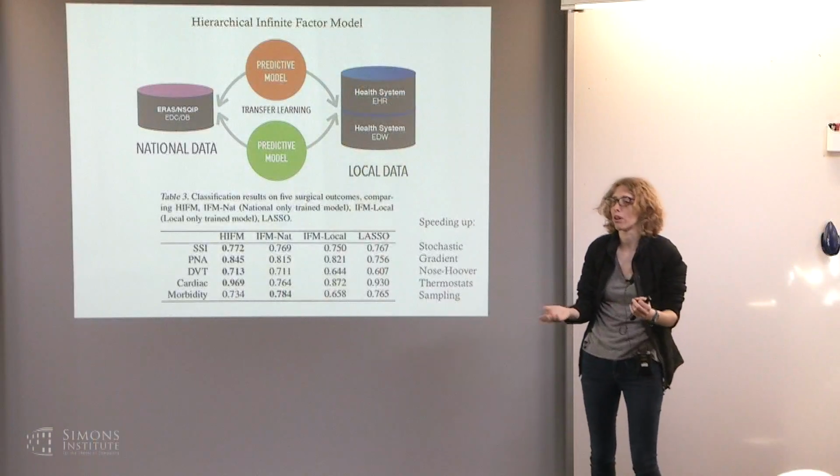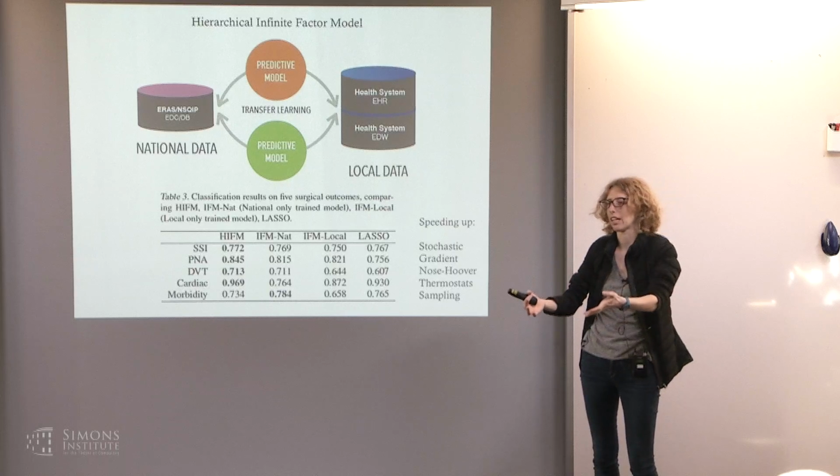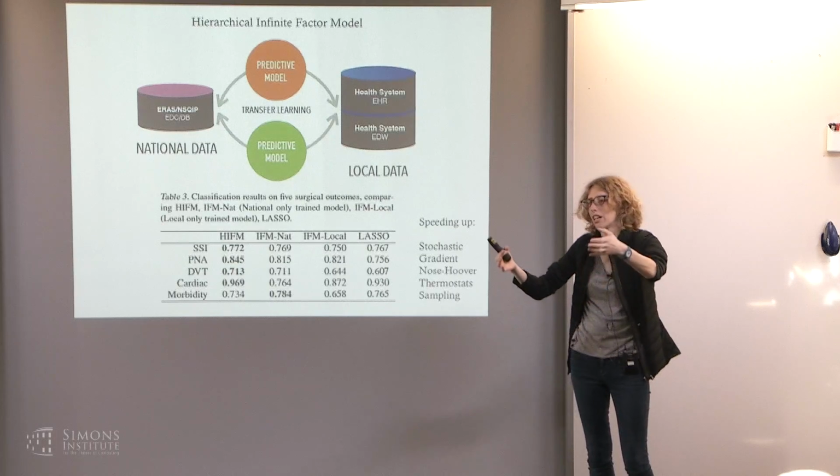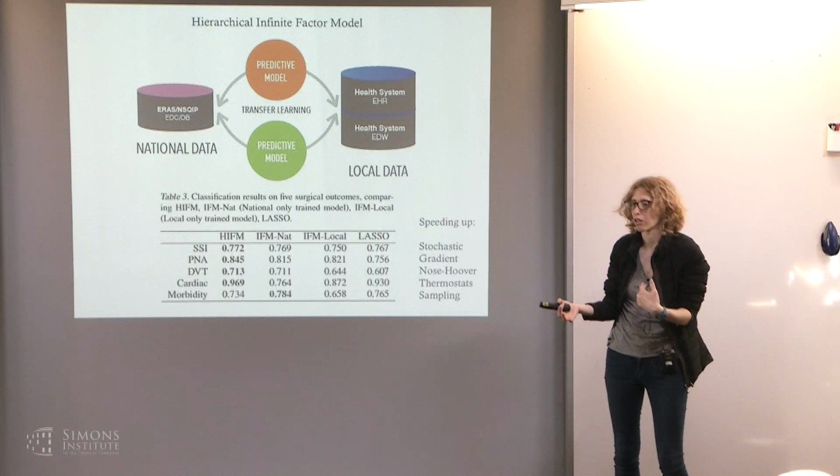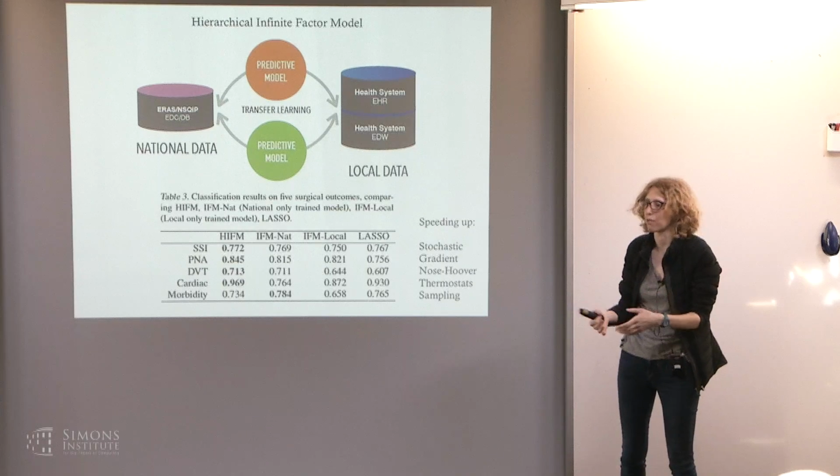The stick-breaking prior is just allowing you to have a varying number of these factors for each local institution. So if you were looking at UCSD or something like that, you would have a different subset of factors than we would have at Duke, but you could still use the same model.